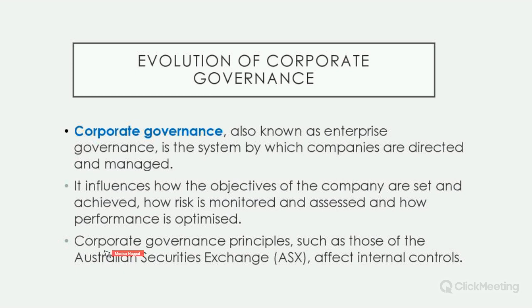And not only because it's for the good of the business, there's a requirement imposed by the Australian Securities Exchange that you should have good corporate governance principles and some internal controls that will avoid those fraudulent transactions from taking place.